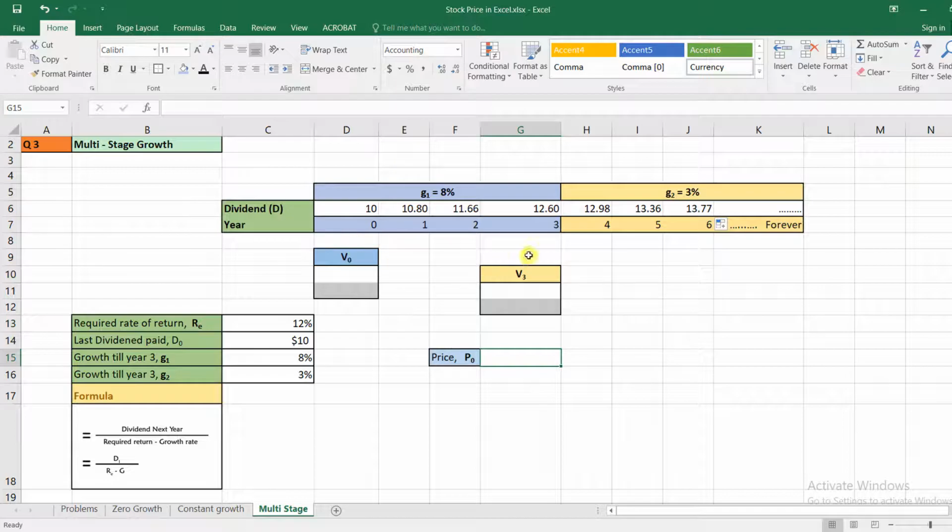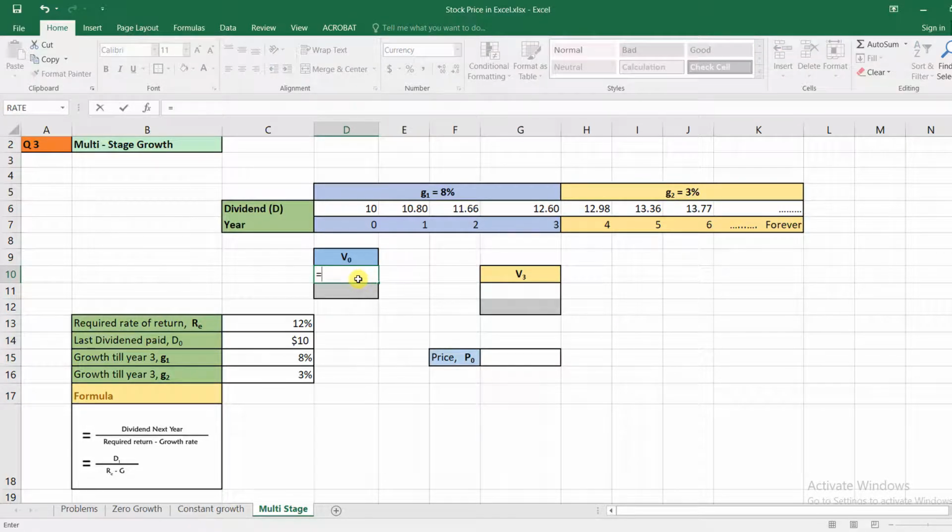Let's focus on first 3 years. What happens in first 3 years is we receive $1.80 after 1 year, and then this much amount of money after second year, and then this much amount of money. Now we need to bring all this back to year 0. To do this, press the equal sign and use the NPV formula.